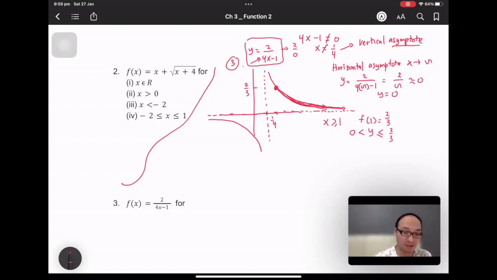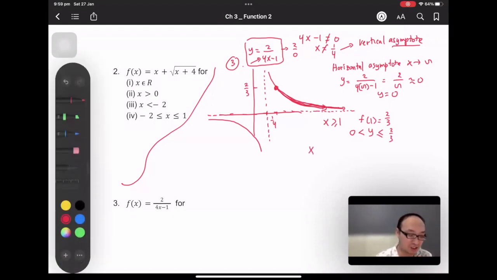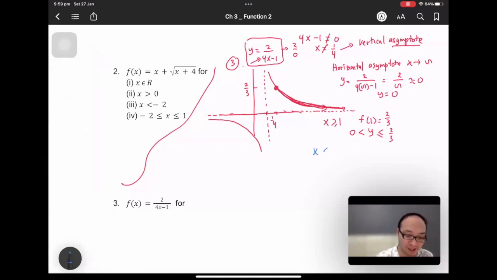And also, if I take another example, x smaller than negative 1. So it will be here, negative 1. So I can find f(negative 1) equals 2 over negative 4 over minus 1, so it's negative 2 over 5. So this is negative 2 over 5.